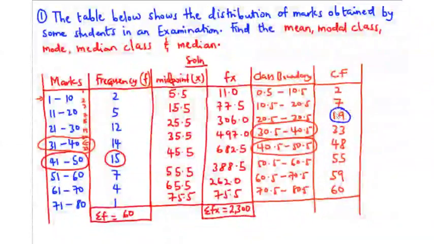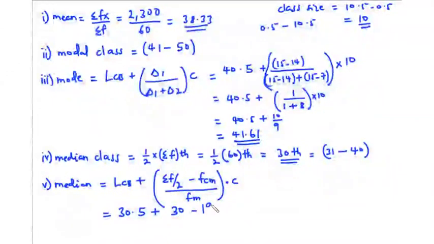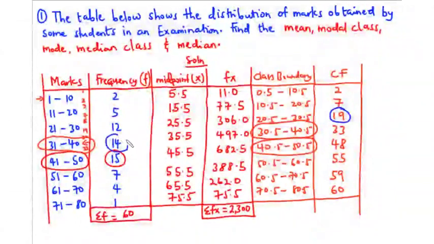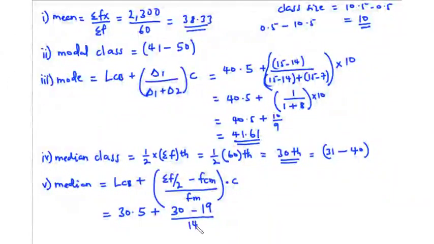This is the cumulative frequency before the median class, on top of the median class. So that is 19. And then FM is the frequency of the median class. So the frequency of the median class is 14. So we write 14 multiplied by the class size. As for the class size, it's still 10.